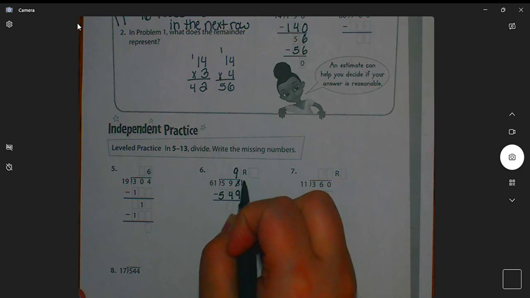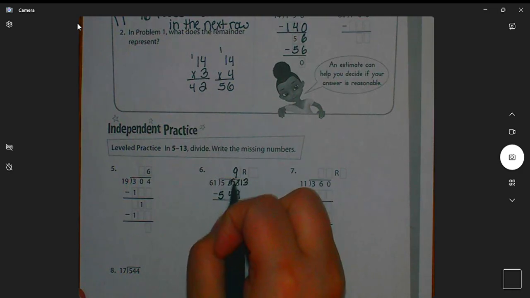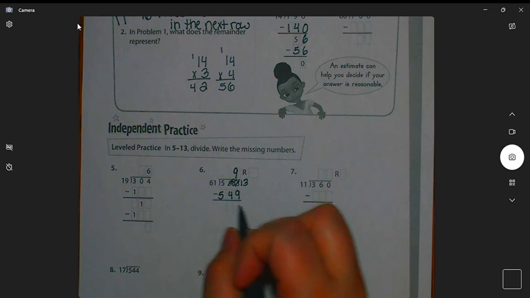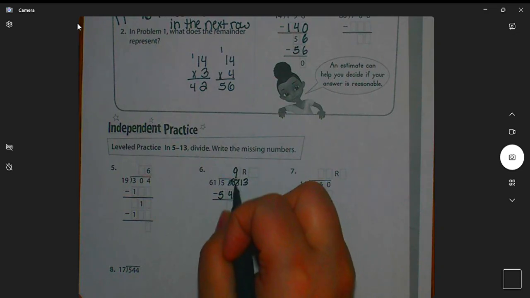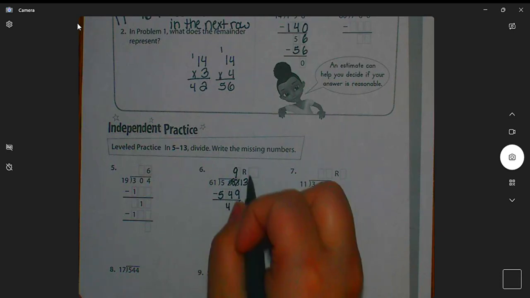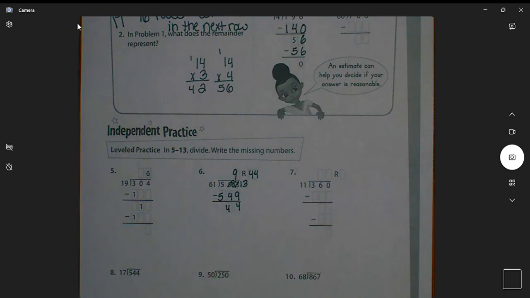So 3 becomes 13, 9 becomes 8. 13 take away 9 is 4. 8 take away 4 is 4. So my remainder is 44. So the quotient to 593 divided by 61 is 9, remainder 44.